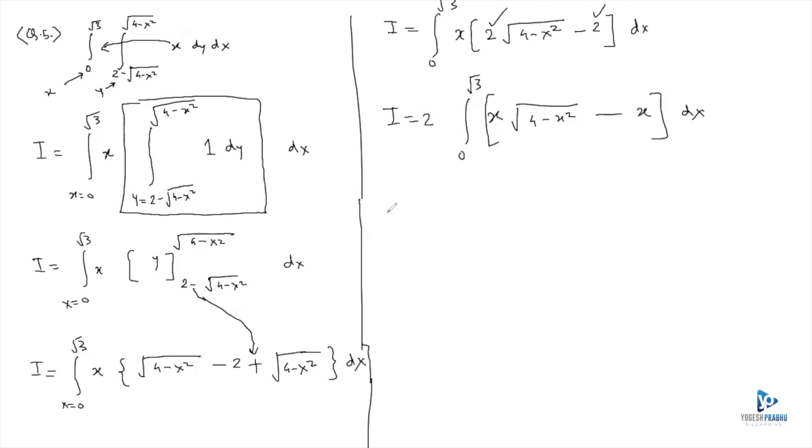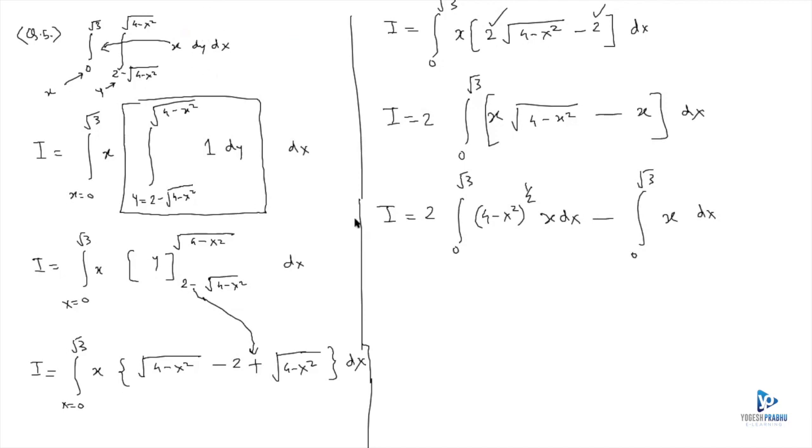Okay, so now I equals 2 integral 0 to square root of 3 of 4 minus x squared raised to half times x dx. I'm splitting them up into 2: 0 to square root of 3 x dx.